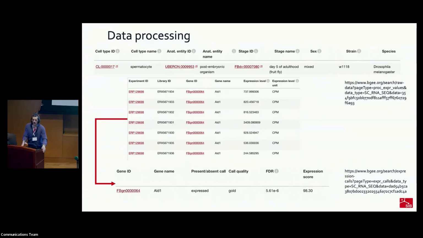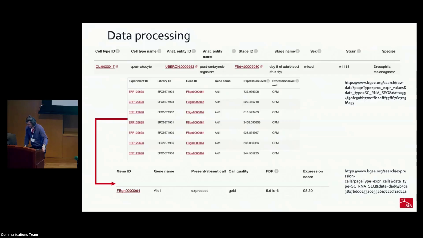Here the p-value is quite low, so we are quite confident that this is a true signal of expression for that gene in spermatocyte. So you see that we have multiple samples, which could come from multiple experiments, but in the end we summarize everything with one call of expression, with a non-parametric expression score statistic, and with a p-value representing how trustworthy it is that this is a true expression.